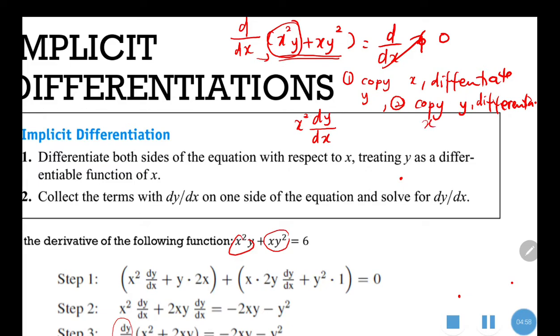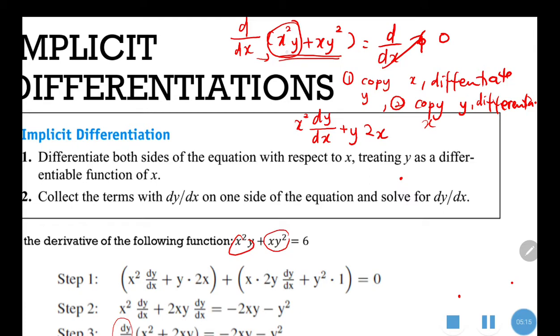So for x squared y here, copy y, plus y, and then differentiate x squared, you will get 2x. Can you understand this part here?